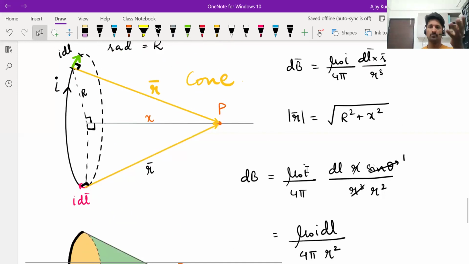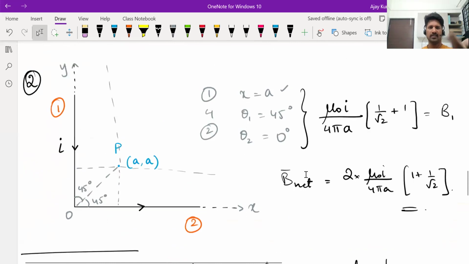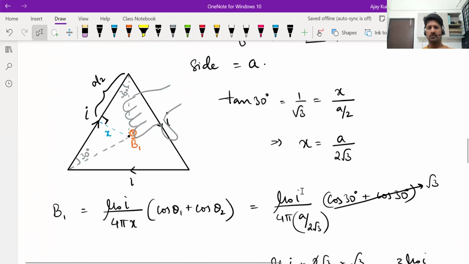Components. Okay, why do we have to take components? Because magnetic field is a vector, right? But see, in the previous cases, like this centroid, this 2 wires case, we didn't take components, we directly added the fields. How was it valid to directly add?